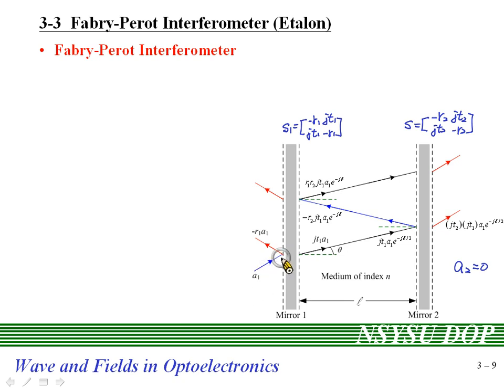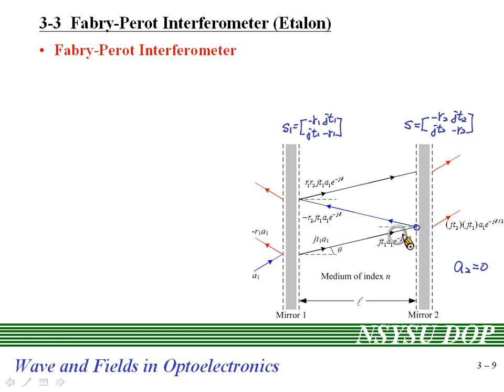And A1 will have the first reflected wave here. According to the scattering matrix of mirror 1, the amplitude of the first reflected wave is minus R1 A1. And at mirror 1, the first transmitted wave amplitude is jT1 A1. This light beam will propagate from mirror 1 to mirror 2 at this point.